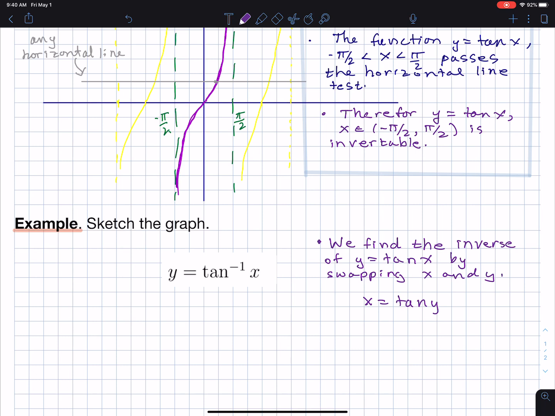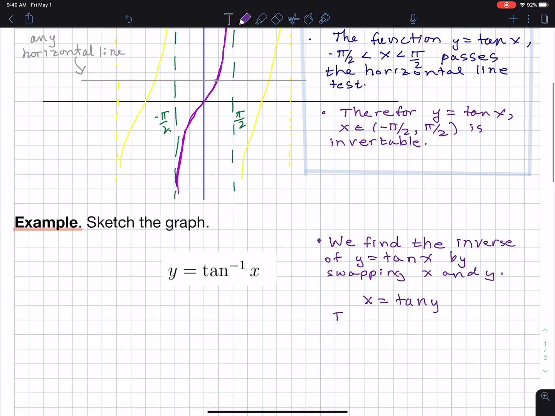That is the inverse function. However, when we write functions, we like to have our y sitting on the left-hand side of an equal sign. So this is equivalent to y equals tangent inverse x.